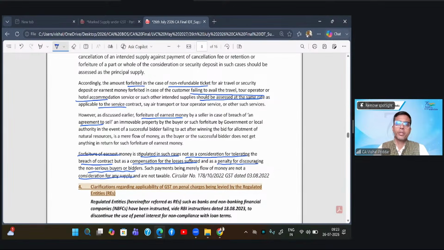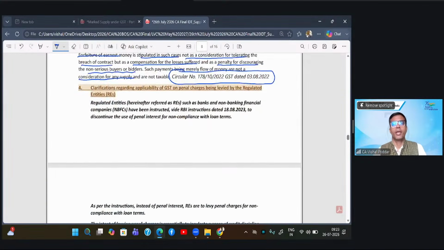So students, this is the main circular in which all the above pointers are covered. Now on similar lines, another circular had come which dealt with penal charges levied by regulated entities. Now, what are regulated entities? Regulated entities are banks, non-banking financial companies, etc., which are regulated by RBI.